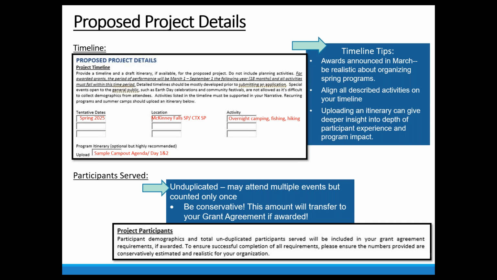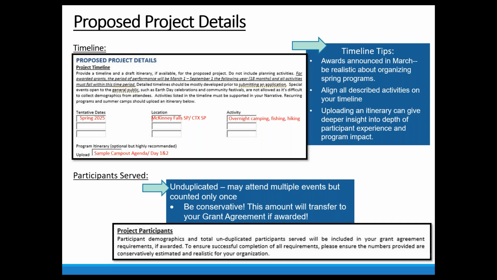Another big portion of the application are the participants that you will be serving. The mission of the co-op grant is to engage underrepresented audiences with TPWD resources and sites. So this is a really important part of your application.